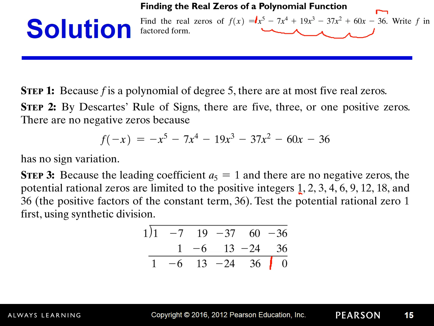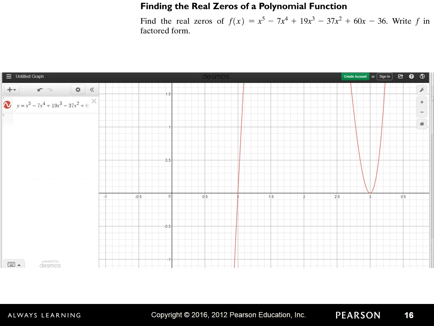Of course, what I'm going to do is look at a graph. I'm going to look at this graph, and what do I see? I see at 1 an x-intercept. That's a 1 right there, if you can't tell. And at 3, there's an x-intercept.